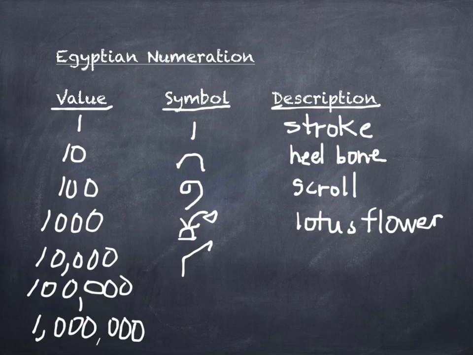$10,000 looks something like this. And this is called a pointing finger. You use your imagination. For whatever reason, I really struggle with the number 100,000, but it looks something like this.